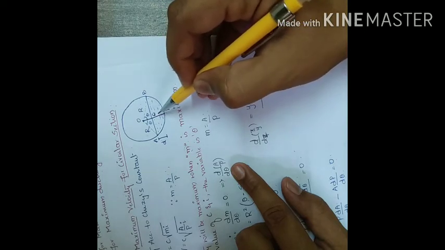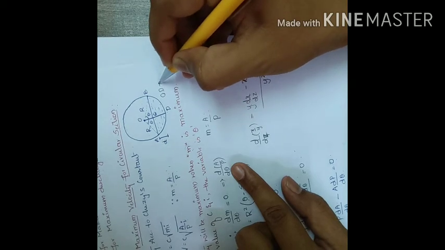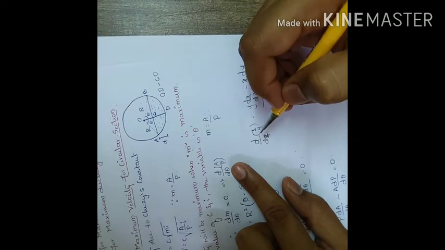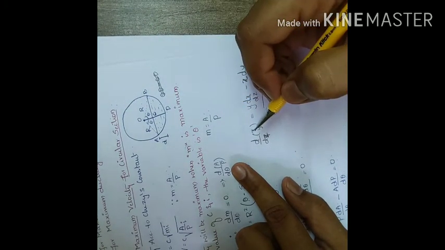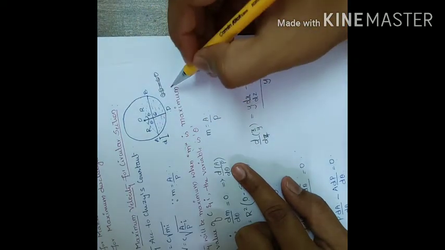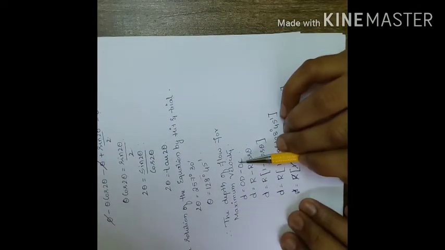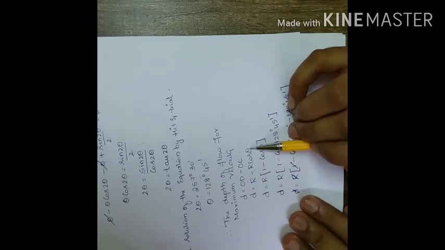So to get the CD, I need OD minus OC. OD is the radius r minus r cos theta.